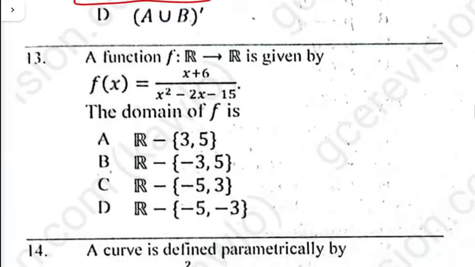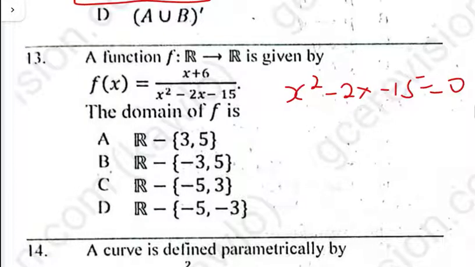Question 13. The function f on the set of real numbers is defined by f of x equals that. What's the domain of this function? So this function will be undefined if this denominator is equal to 0. So we have to exclude those values that will make the denominator equal to 0 from the domain.